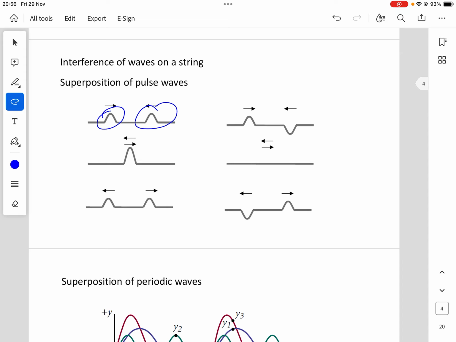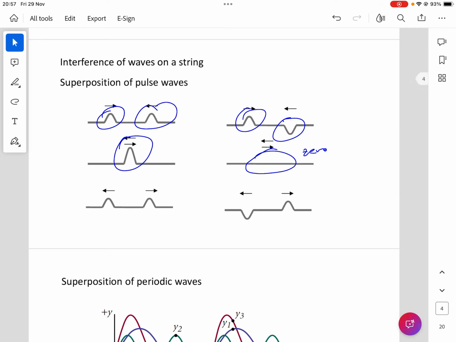When they combine, you get double the amplitude, and after that they separate, moving the way they moved before. If they have opposite phase, one up and one down, when they meet in the middle the displacement is zero, and then they just move on the way they were.